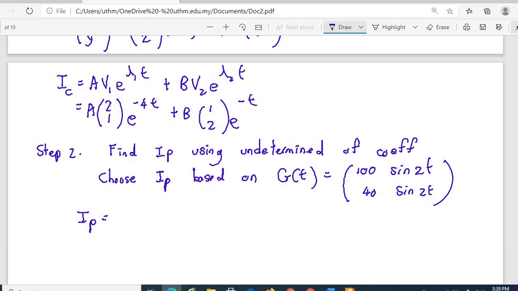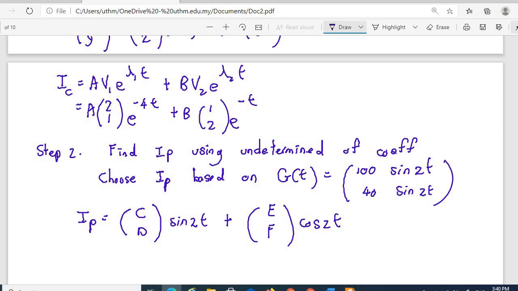If you have a sin or cos, then the IP also must be in terms of a linear combination of sin and cos. Since in the IC we already used the variables A and B, here I'm going to use C, D. So the same pattern, sin 2t, so here must be sin 2t with CD, and then EF, cos 2t.